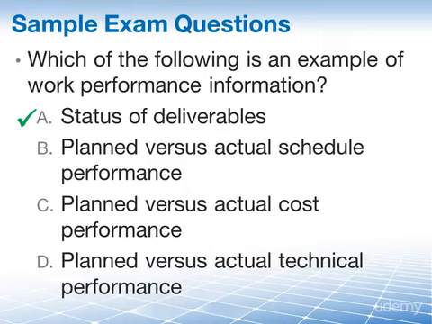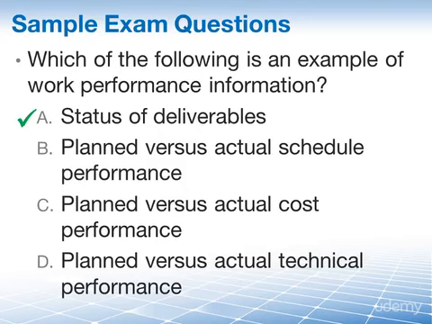What you can learn from this somewhat sneaky question is that you must have a really good understanding of the difference between work performance data and work performance information. As we have seen in previous lessons, work performance data, that's raw measurements. Once you process and interpret that raw data further, then it becomes information.